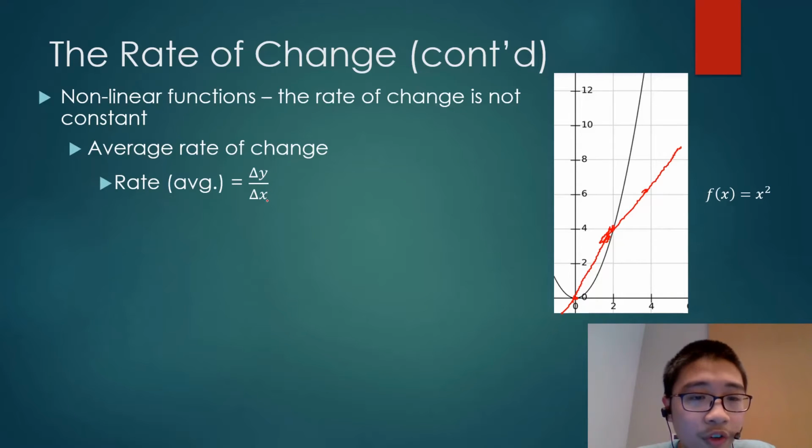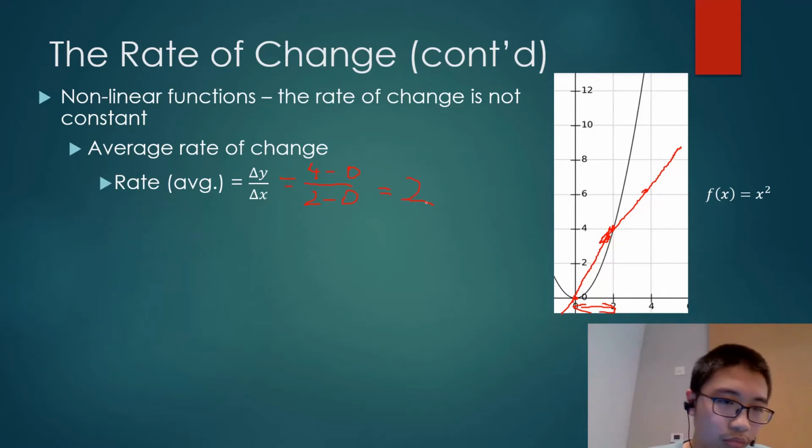The average rate of change over the interval delta x from 0 to 2 is just the slope of the secant line, which is delta y, 4 minus 0, over delta x, 2 minus 0. So it's equal to 2.